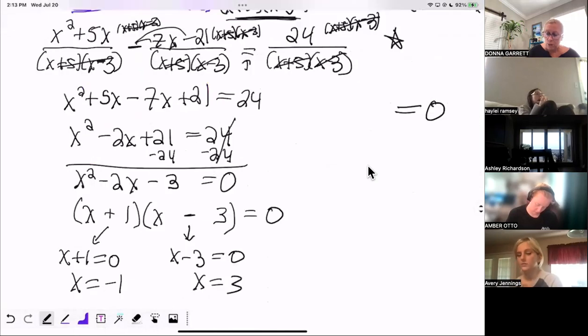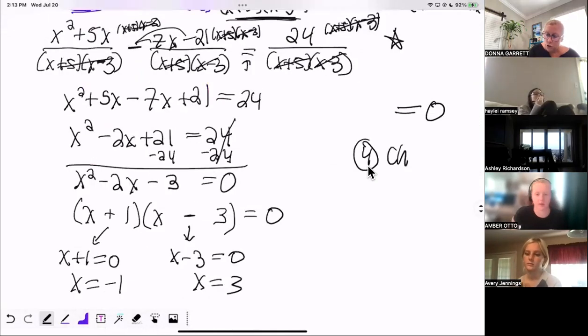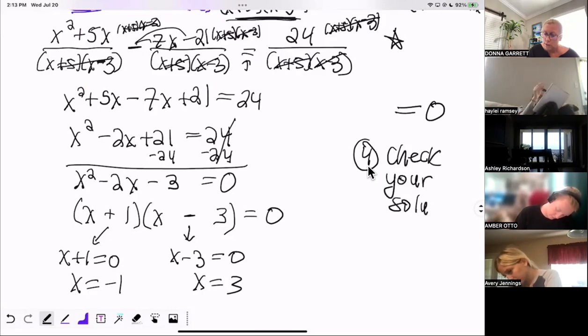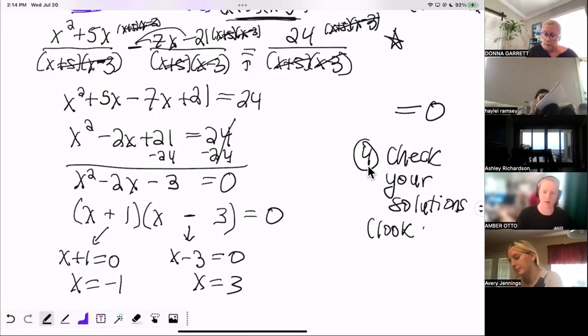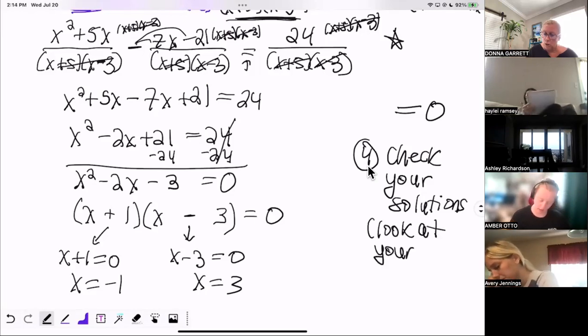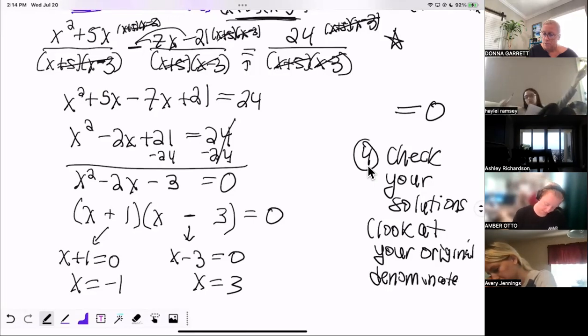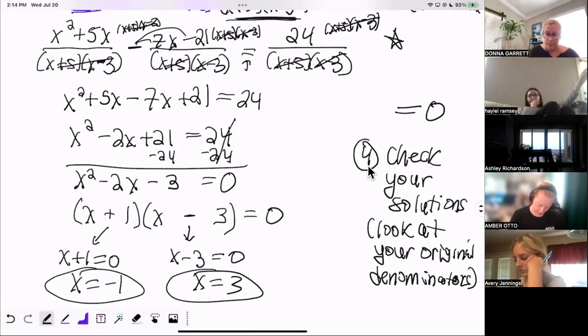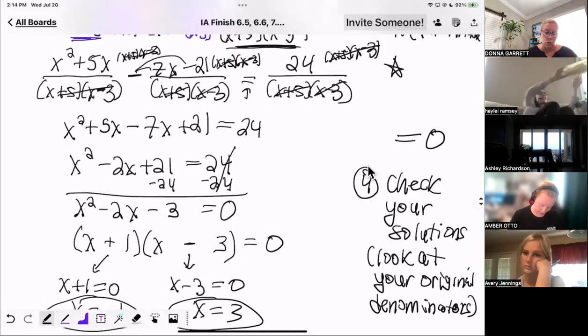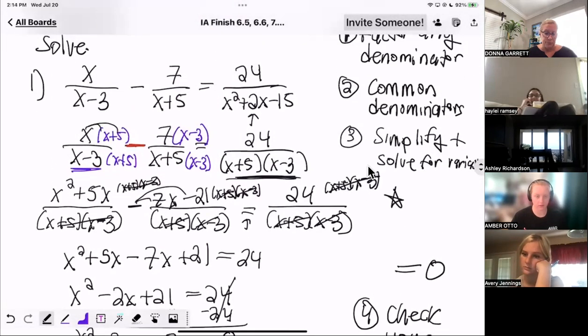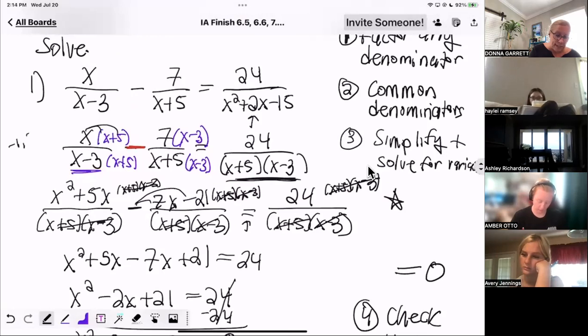Now, I'm going to put it way down here, but here's my number 4. Check your solutions. What are you going to do? Look at your original denominators. So I have -1, I have 3. Let's go back. Scroll back up to the original problem. I had -1, I had 3.